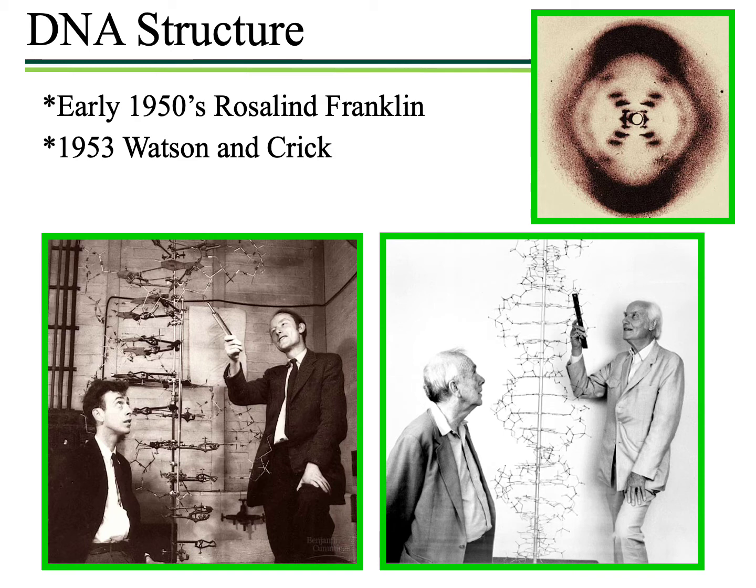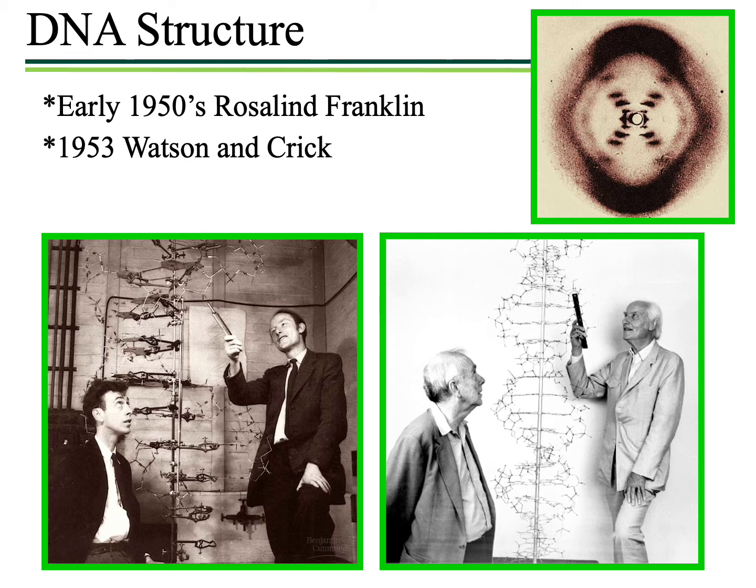The picture that you see on the right is her classic figure that helped with the elucidation of the structure of DNA. Now, I know we look at that and we don't necessarily figure out or see how that shows a double helix molecule. But there's a lot of complex mathematical modeling that goes back with this diffraction pattern to calculate and determine that the structure was in fact a double helix.